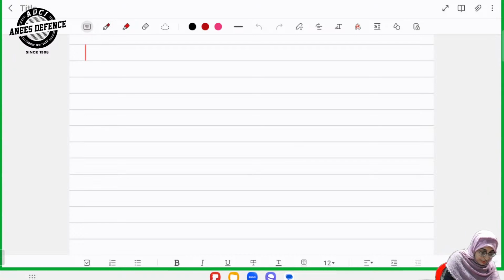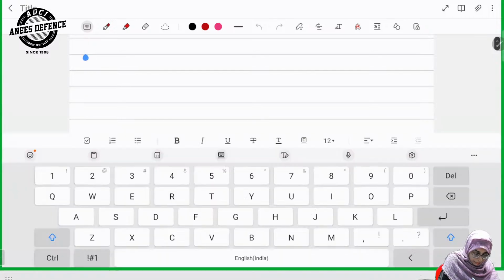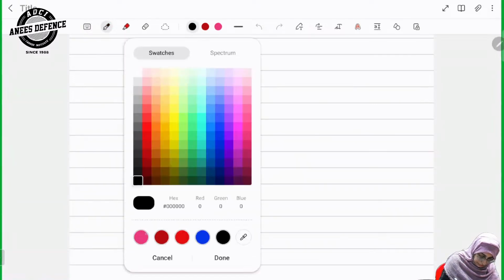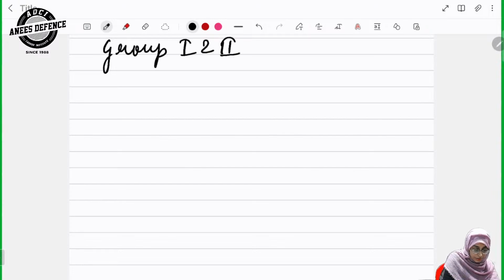So you have seen that there are 18 groups. Group 1 and 2 are S block. They are called S block elements.